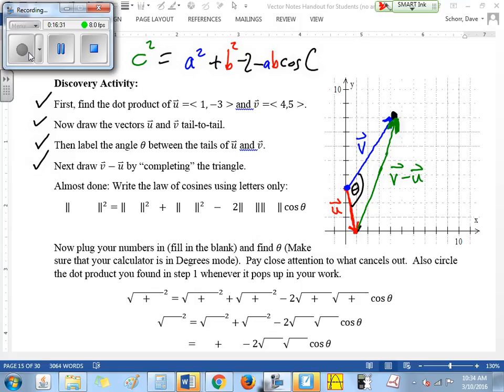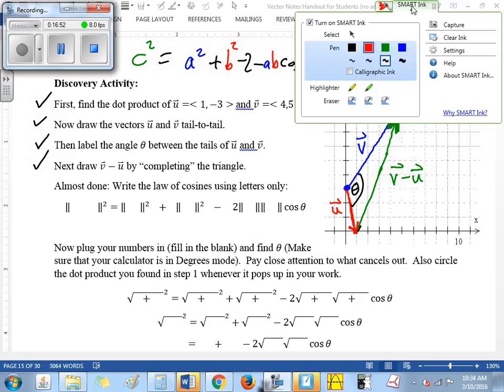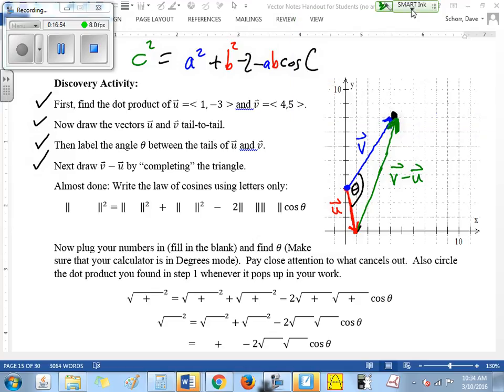Okay, so let's apply the law of cosines to our letters. We don't have a, b, and c. We have u, v, and v minus u. We don't have angle c. We've got angle theta, but it's the same thing. So it's going to get a little complicated. Instead of a side c, we have a side v minus u.